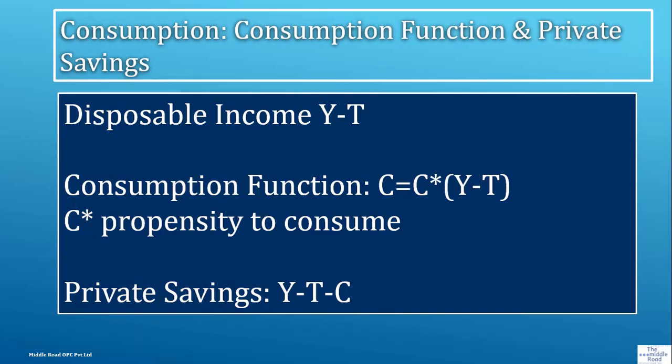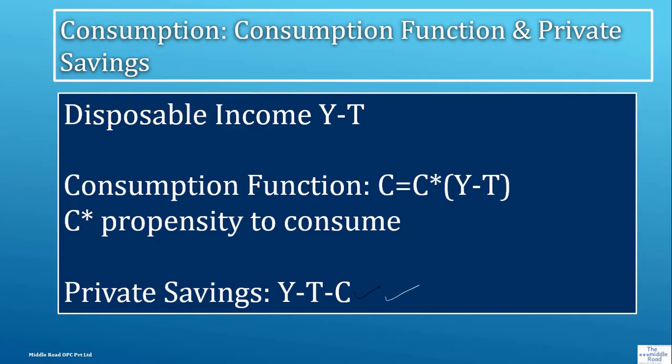There is also a component known as propensity to consume, which means how much you are going to consume for 1 unit of increase in your paycheck. It could be $1, 1 rupee, 1 euro, or whichever currency you're talking about. So private savings would be Y minus T minus C, which is the output minus the tax minus the consumption. This would give you private savings.